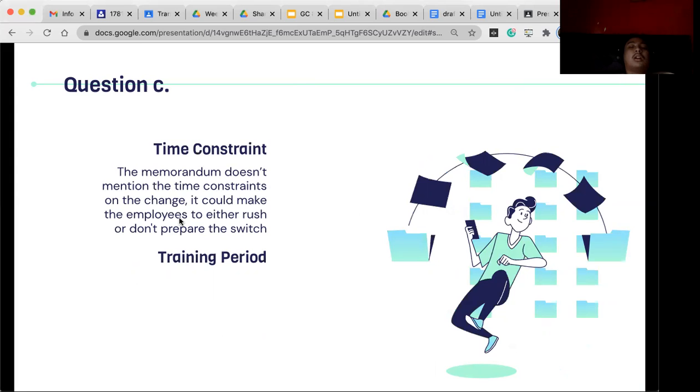If there's no clear period for employees to train to use these computers and software, which is pretty much unclear, and if the change is sudden, then the employees wouldn't be able to get up to speed as fast as they should.